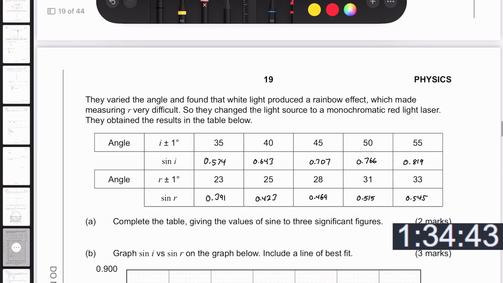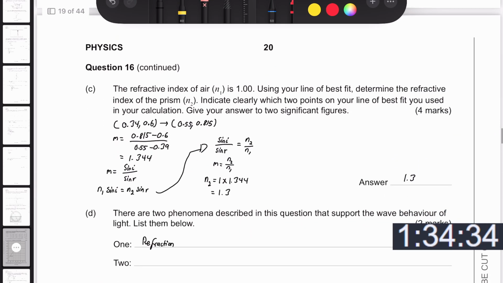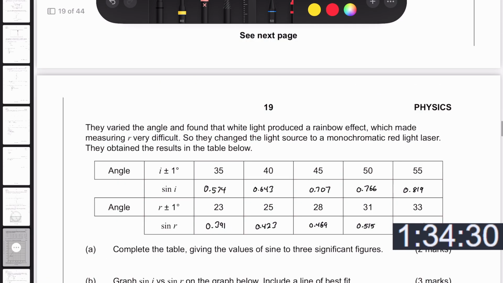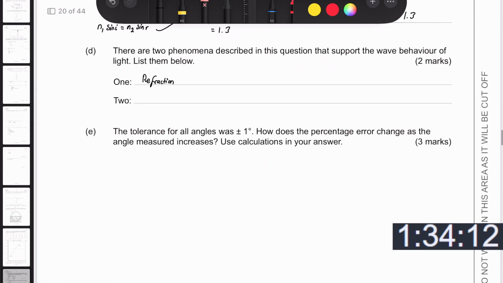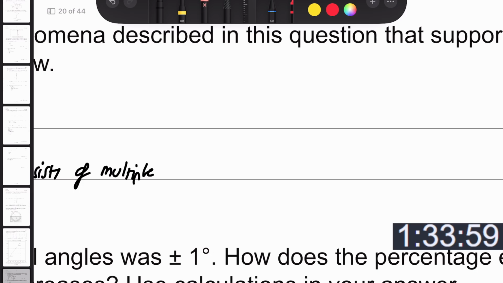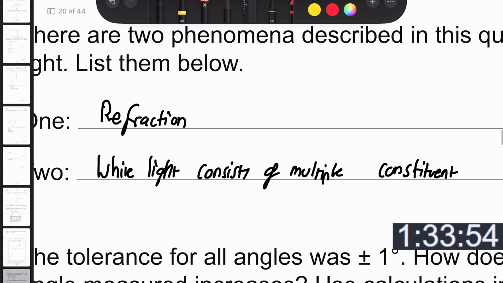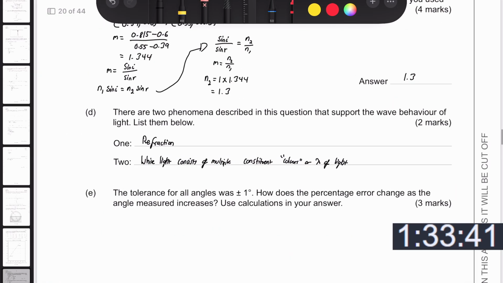The rainbow effect. White light consists of multiple constituent colors, wavelengths of light.